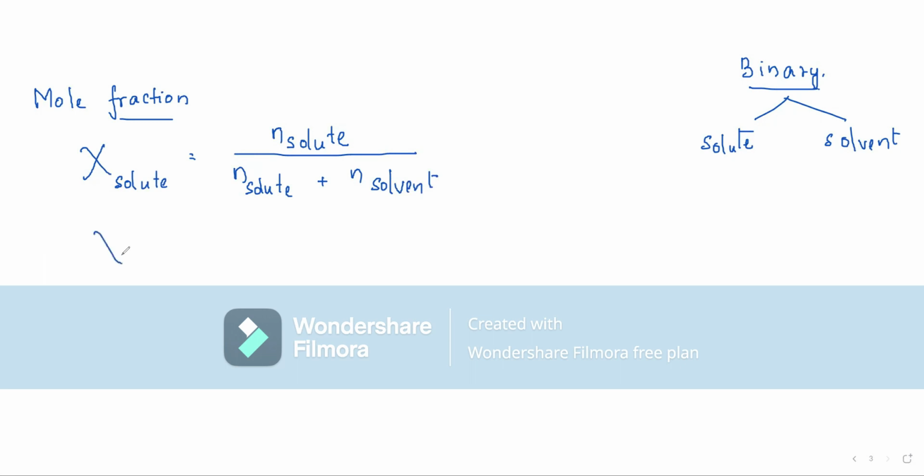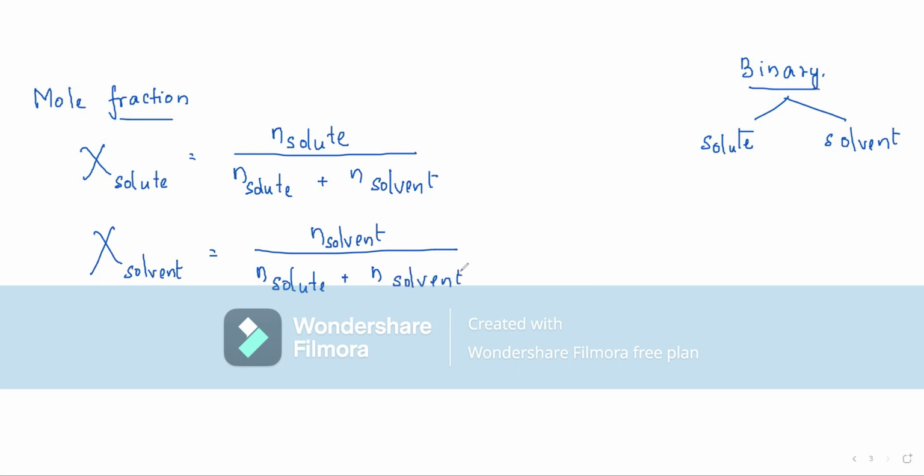Similarly, mole fraction X of solvent is N of solvent, number of moles of solvent, divided by number of moles of solute plus number of moles of solvent.